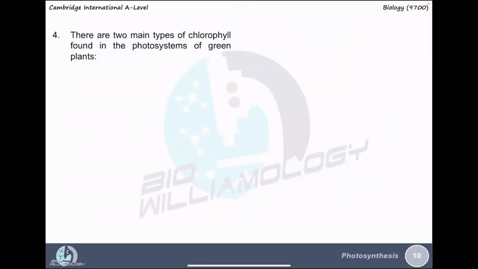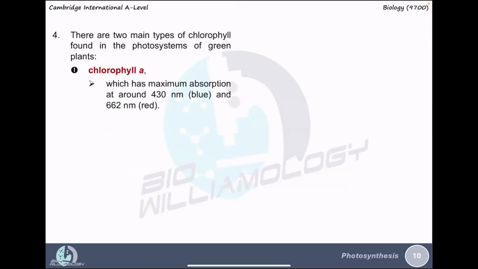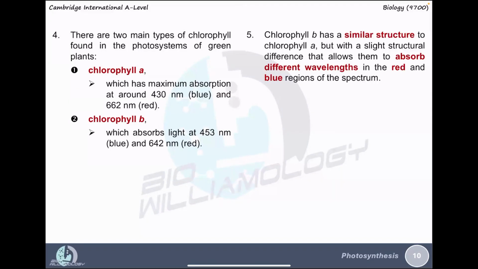There are two main types of chlorophyll found in the photosystem of green plants. Chlorophyll A has maximum absorption at around 430 nanometer in the blue region and 662 nanometer in the red region. Chlorophyll B absorbs slightly different wavelengths, with a maximum at about 453 nanometer in the blue region, as well as 642 nanometer in the red region.